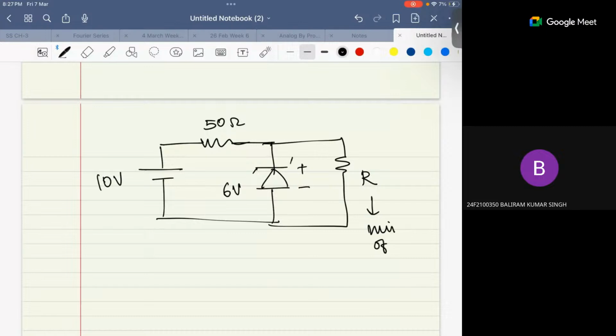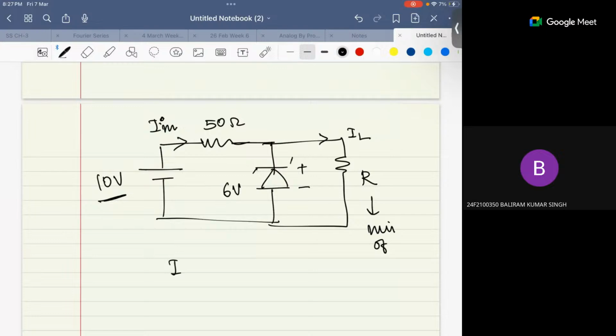Same thing, right? See, what will happen? V input is fixed. So you have some I input. You have some IL here. Oh, this is so much easier, right? How will you solve this? I input is equal to what?